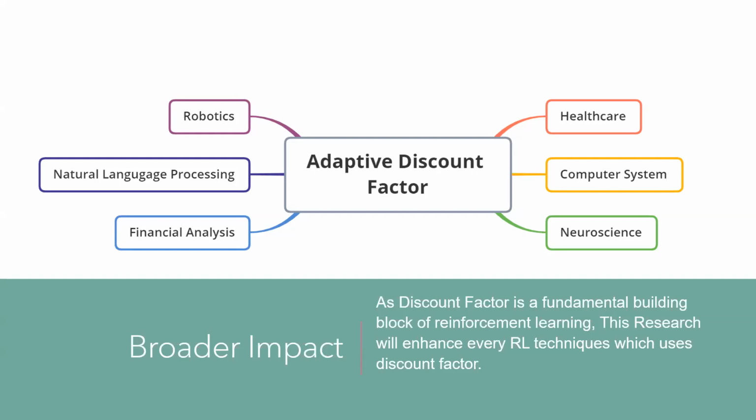By addressing this discount factor, we get clearer insights into our brain, so neuroscience is also affected by this research. And thank you. Now for the QA session, I welcome your questions.